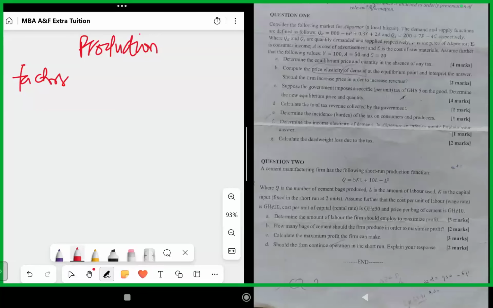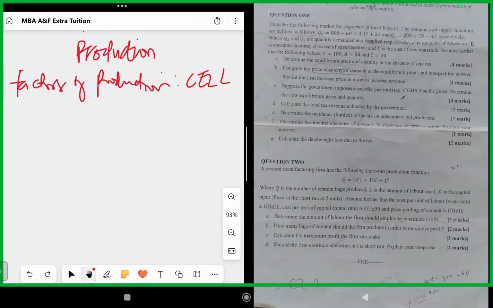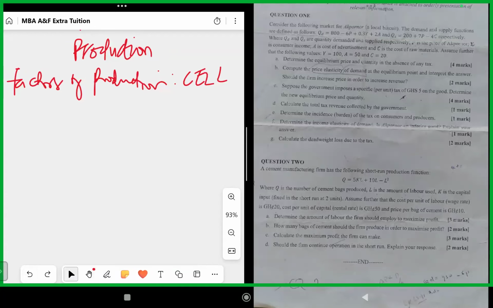Say capital and land. Factors of production. We'll go with the acronym CEL.